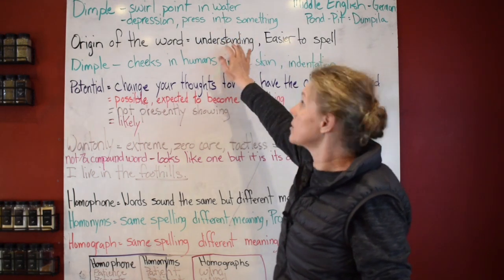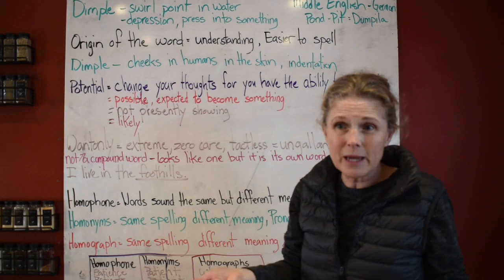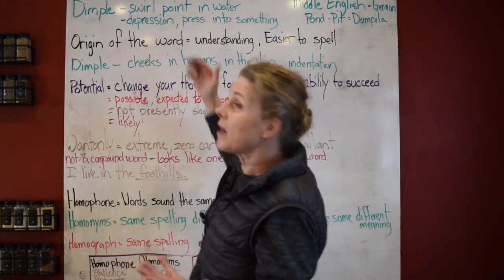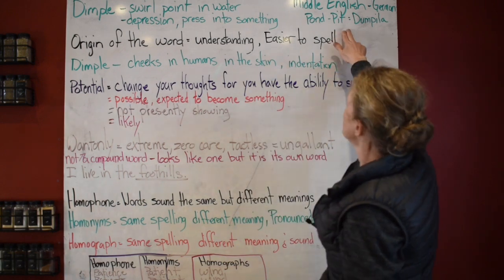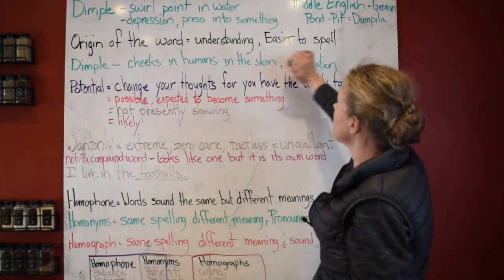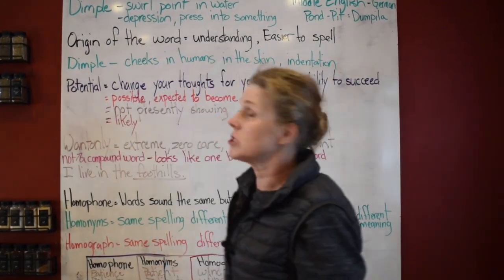It's going to help your understanding because you're going to say, oh, that means a pond or a pit, so it would be in water, or it's a depression into the ground. And you're going to be able to spell things better because you're understanding what the origin is.